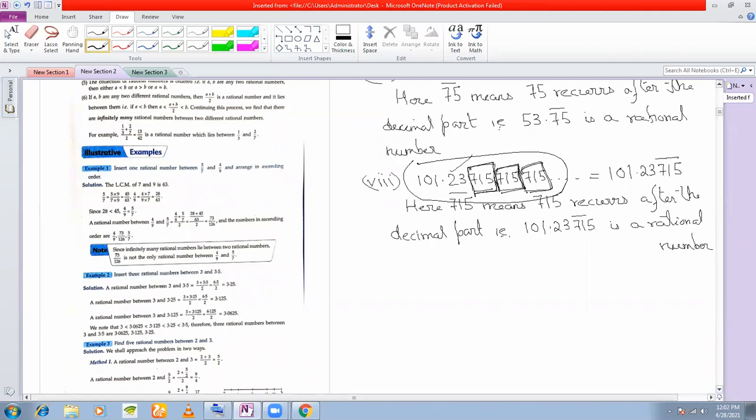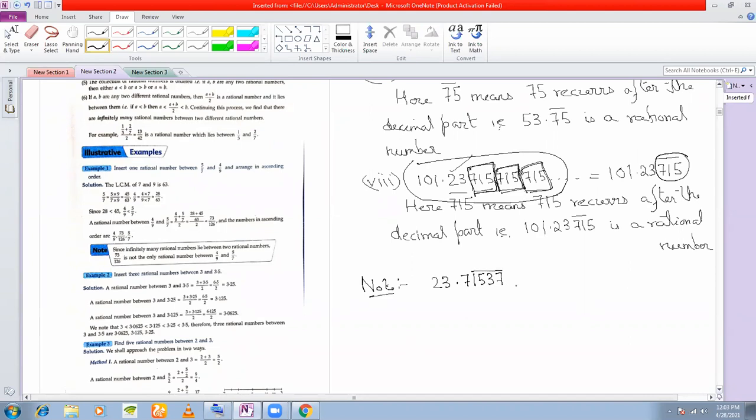That means once you see that at the end you have a recurring part, whether it is 1 digit, 2 digits, 3 digits, 4 digits, 5 digits, or 6 digits, once you see that at the end of the decimal number you have numbers recurring, then you can say it is a rational number. Okay, let me give you a few more examples. Note 23.71537.